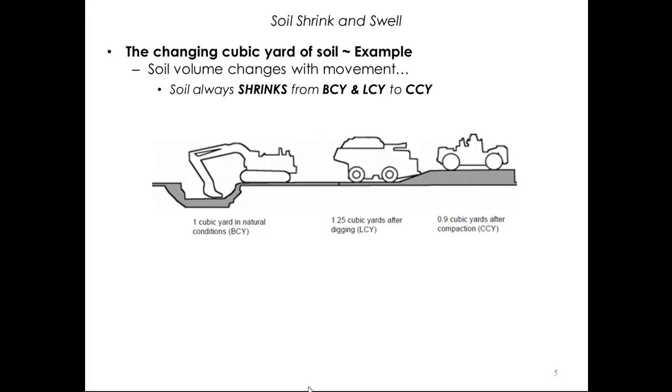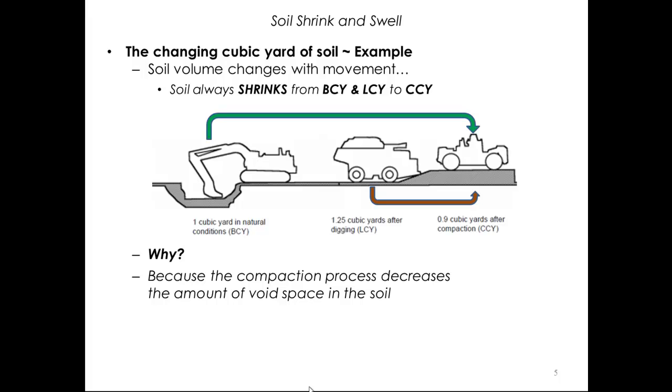As we might expect then, soil also shrinks even more from the LCY state to the CCY state. Looking at the numbers in the illustration, and they are just examples, we find that from BCY to CCY, this soil is shrinking about 10%, and from the truck, LCY, to the fill, CCY, about 28%.